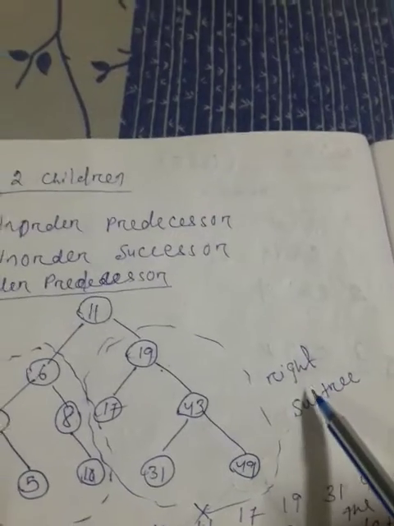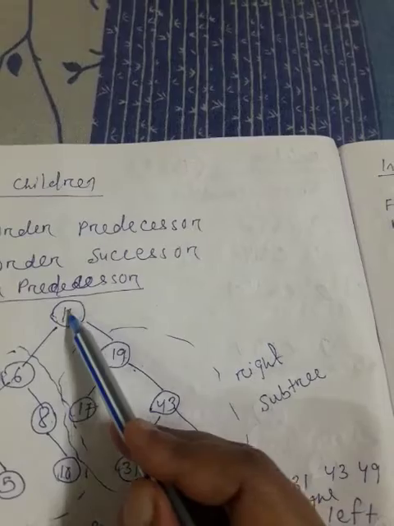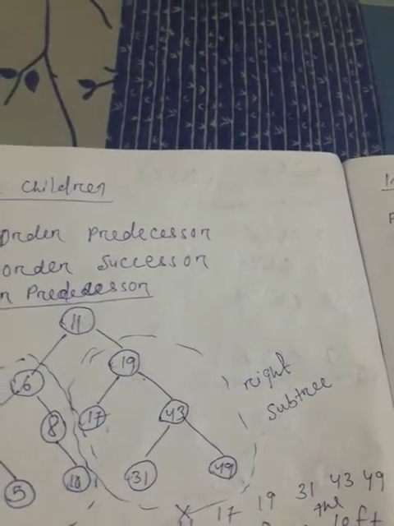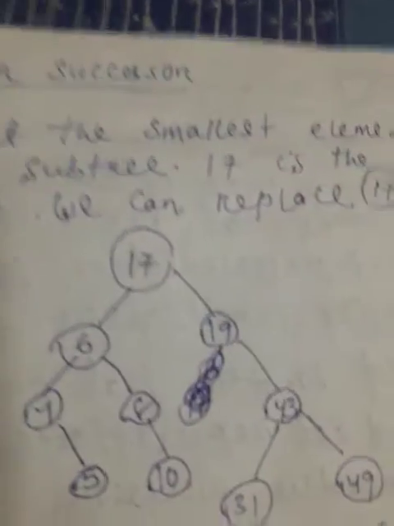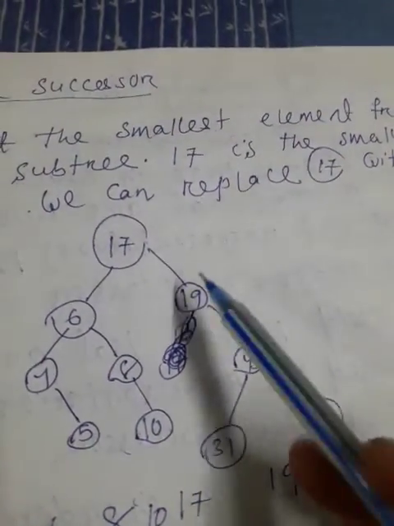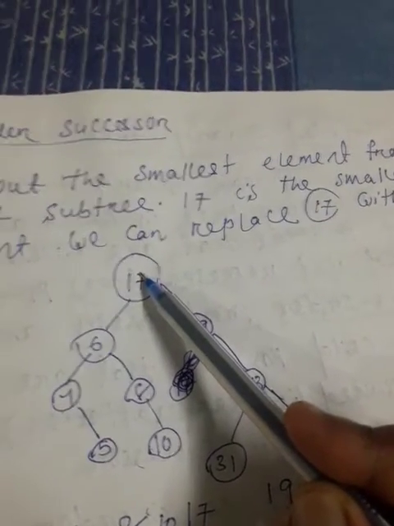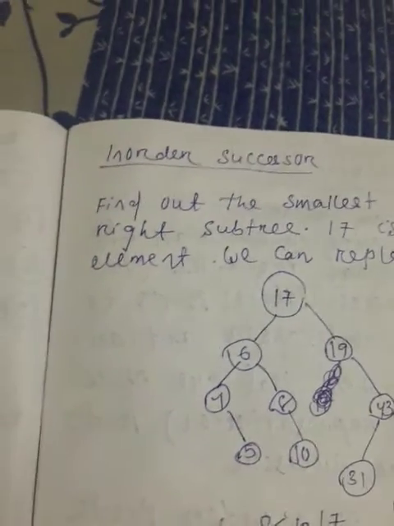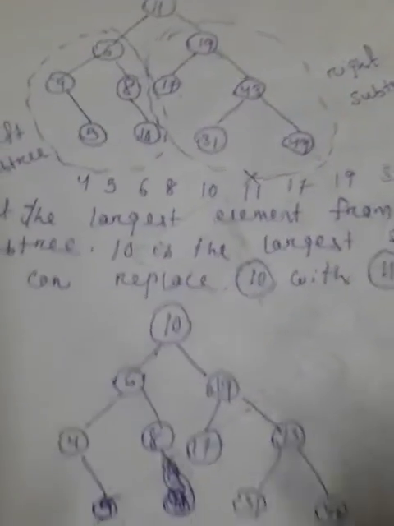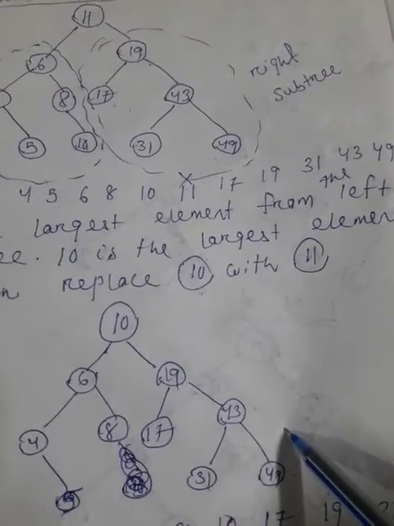Now we simply replace 11 with 17. After replacement, 17 is present here and other data are the same. This is the second method, in-order successor, and the first method is in-order predecessor.